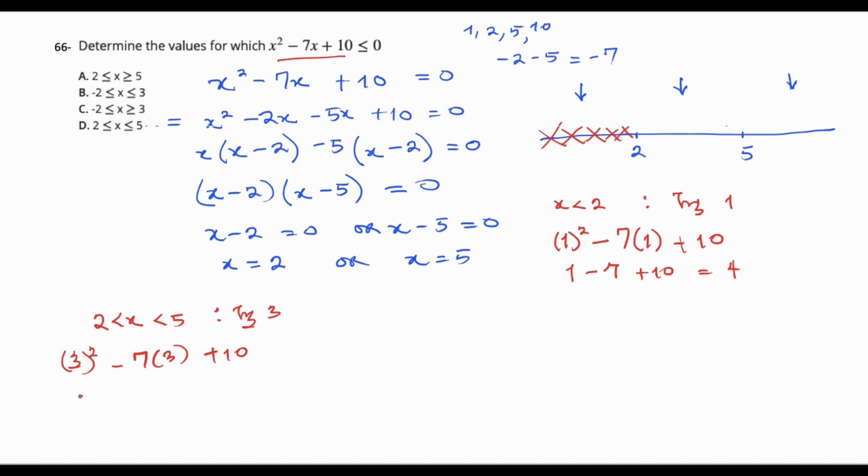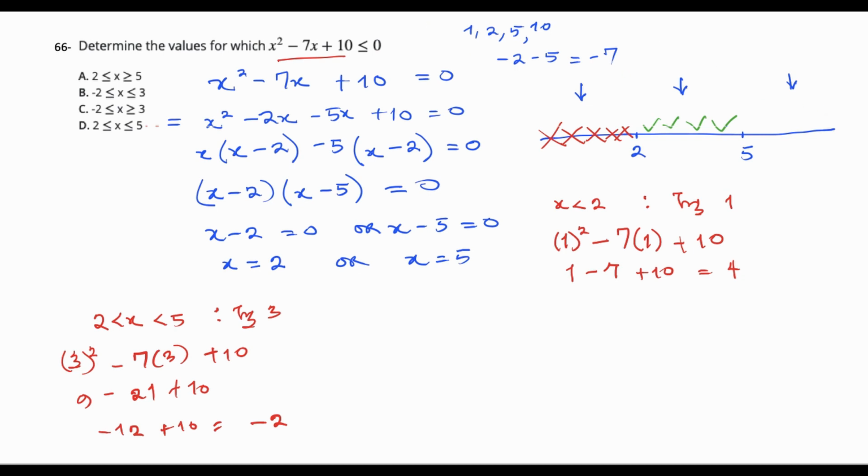So 3 squared is equal to 9 minus 7 times 3 equals 21 plus 10. So 9 minus 21 is equal to minus 12 plus 10. And this is equal to minus 2. So obviously, minus 2 is less than or equal to 0. So this region satisfies the equation we have here. So this is a good region for us.